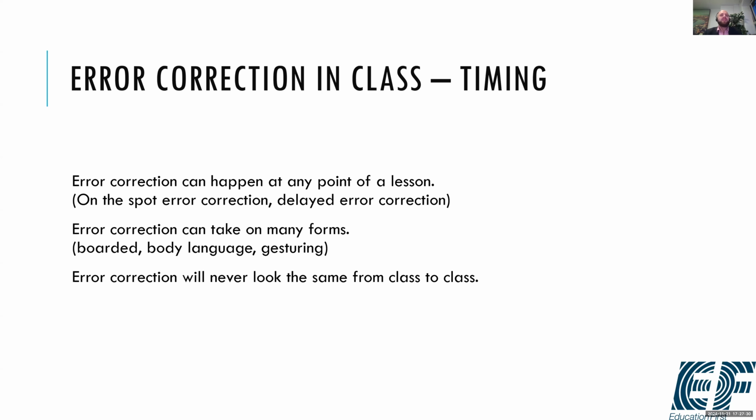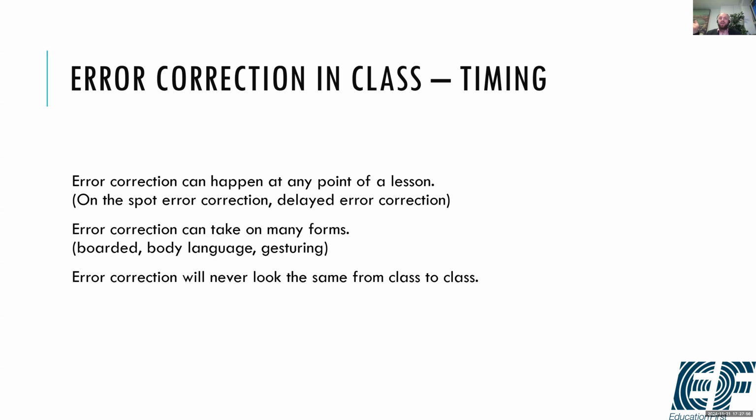Now, I'd just like to reaffirm a couple of things. That error correction can happen at any point in the lesson. So you've got on the spot error correction, where you perhaps echo something. I saw a lot of people in the chat mentioning echoing the correct form back to students. That can happen on the spot.